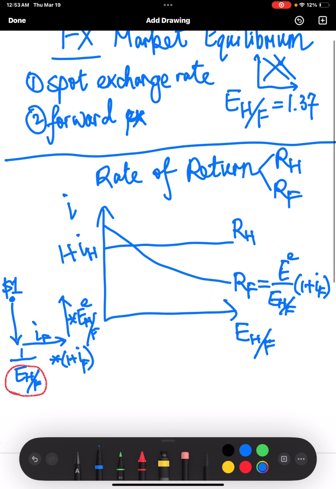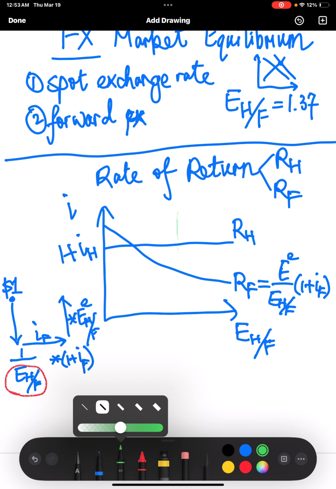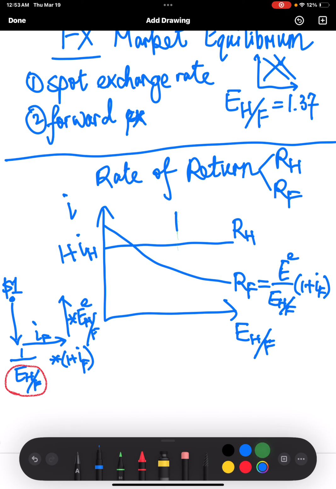Because let's say that you are not at the equilibrium, at the equal point. Let's say you're at some point here, not at the equilibrium. At this point, the rate of return at home is higher than the rate of return abroad.